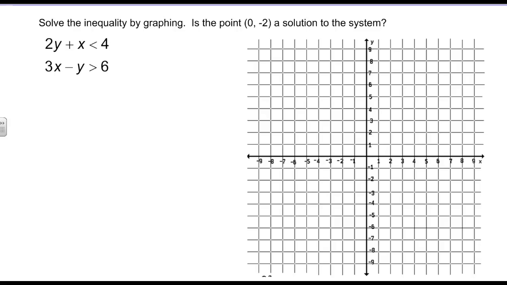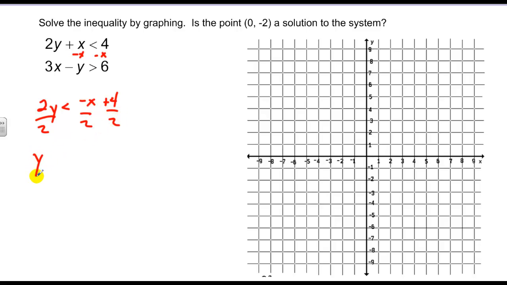Now, in this case, neither one of my equations is in slope-intercept form, so I'm going to go ahead and do that. I'll subtract x from both sides of the top equation, giving me 2y is less than negative x plus 4. Divide both sides by 2.